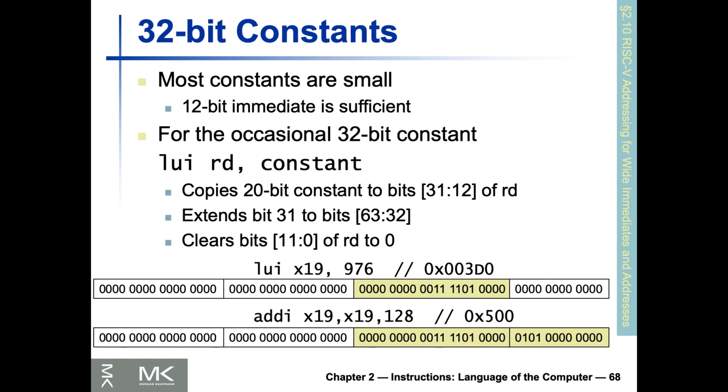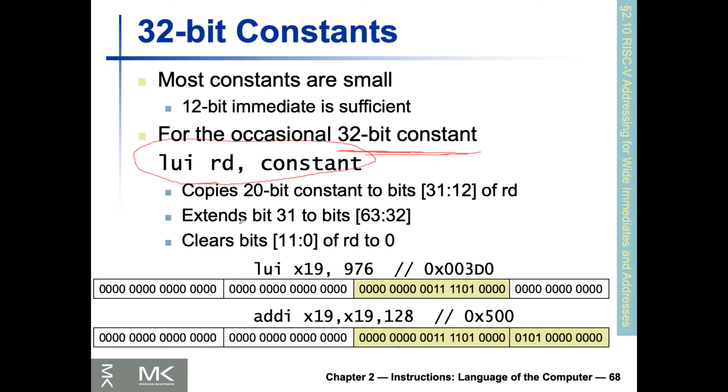But for an occasional 32-bit constant, what are we going to do instead? You remember previously we were using LUI and addi, load upper immediate. So for occasional 32-bit constants, we have to use LUI rd plus the constant.